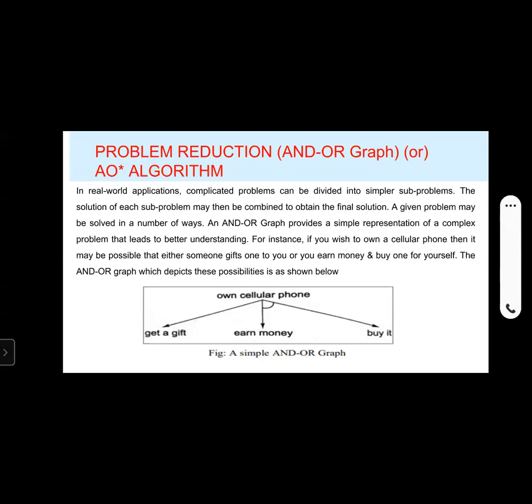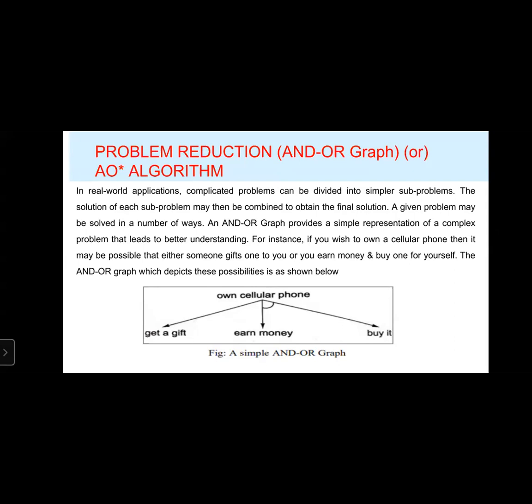The solution of each subproblem may then be combined to obtain the final solution. A given problem may be solved in a number of ways. An AND-OR graph provides a simple representation of a complex problem that leads to better understanding.